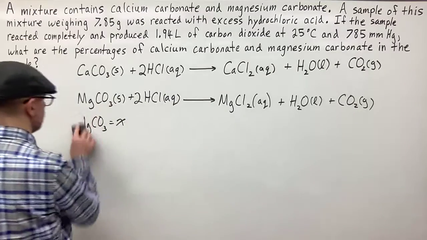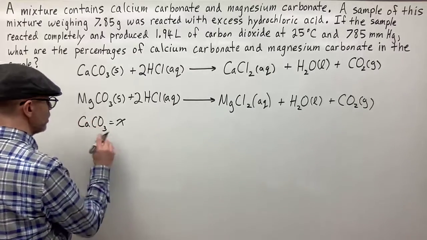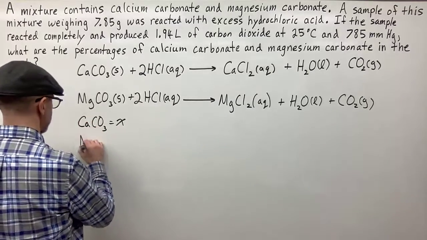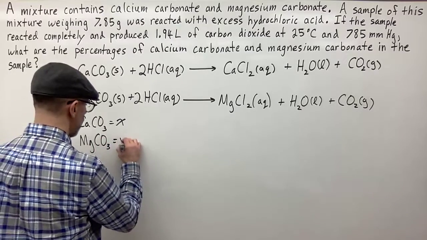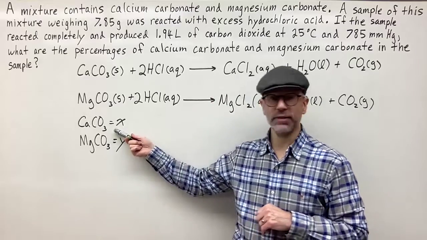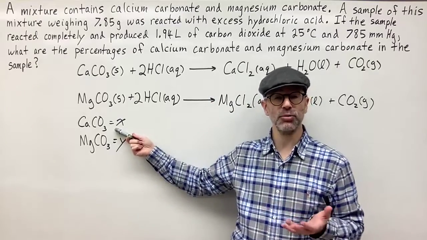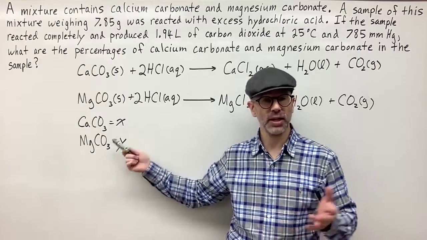Actually, let's be consistent. I'll do Ca. Calcium carbonate is X, and magnesium carbonate is Y. So X is going to represent the grams of calcium carbonate in the original mixture, and Y is going to represent the grams of magnesium carbonate in the mixture.